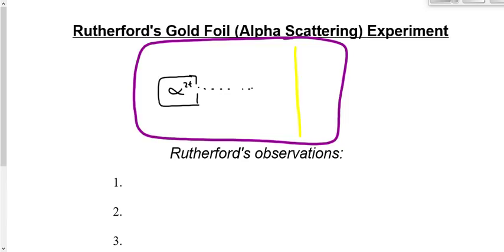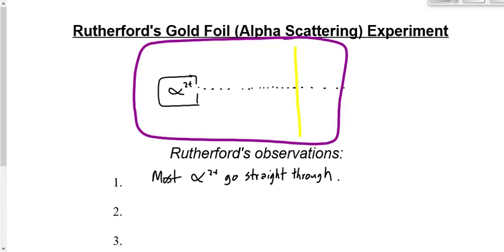And what they find is that the alpha particles don't strike the screen all in the same spot. They find that most of the alpha particles go straight through. So most of the alpha particles go straight through the gold foil as if the gold foil isn't even there.